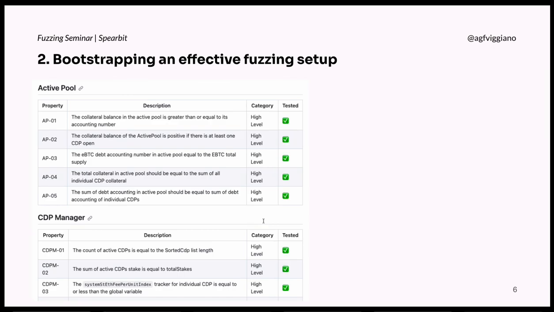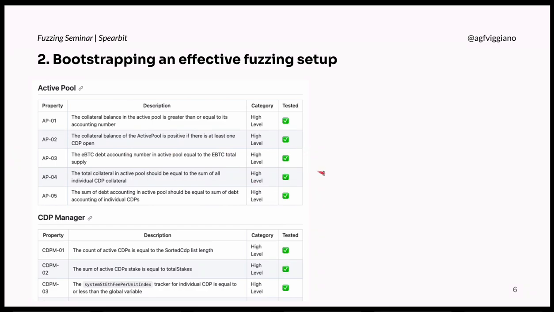These are usually the ones we start by implementing when we are doing this type of invariant testing engagement, because if they break, everything is at risk. There are usually funds at risk, and you don't want your system to have any accounting mistakes or anything like that.